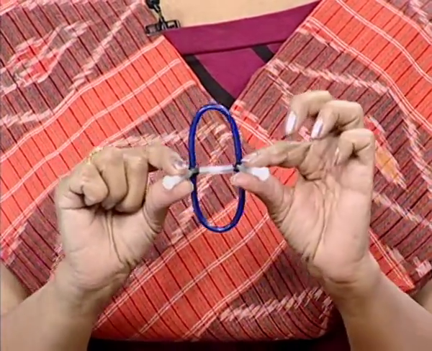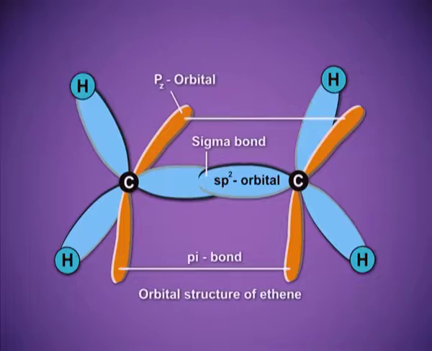This is the ethene molecule. Here you can see the sideways overlapping and the end-to-end overlapping. The blue orbitals are sp2 hybrid orbitals. You can see that the sp2 hybrid orbital of one carbon is overlapping with the sp2 hybrid orbital of the other carbon, and the result is the formation of a sigma bond.